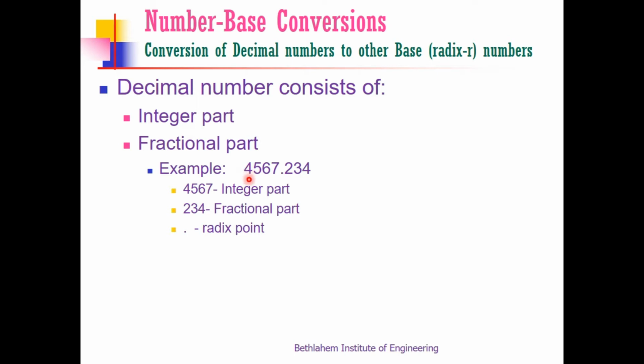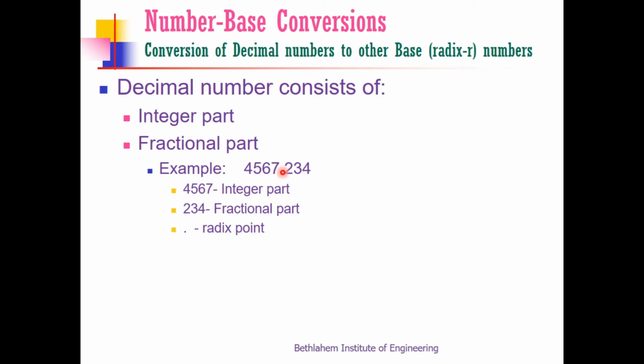For example, consider the number 4567.234. Here 4567, which is present before the decimal point, is known as the integer part, and 234 is known as the fractional part, and this point is known as the radix point.